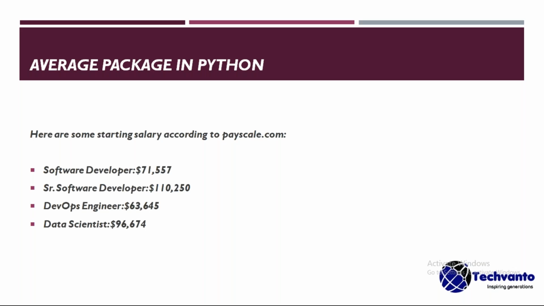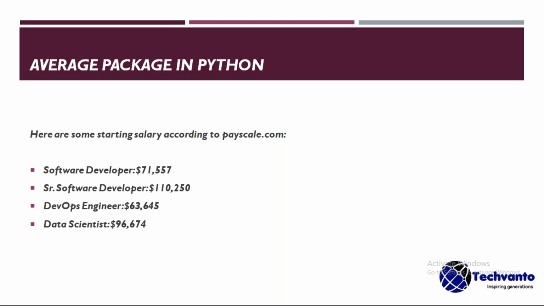From Python you can start any machine learning or artificial intelligence work, and finally you will become a data scientist. They will provide $96,674. These are the average packages of Python.